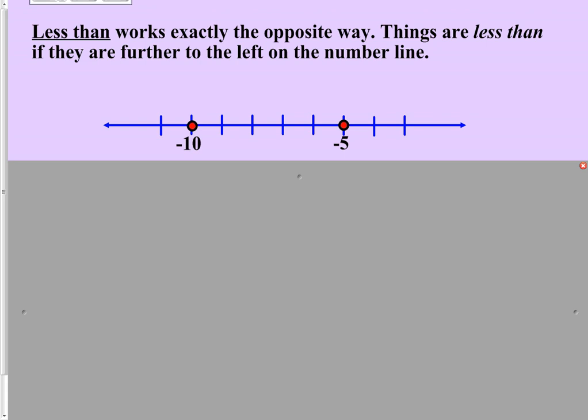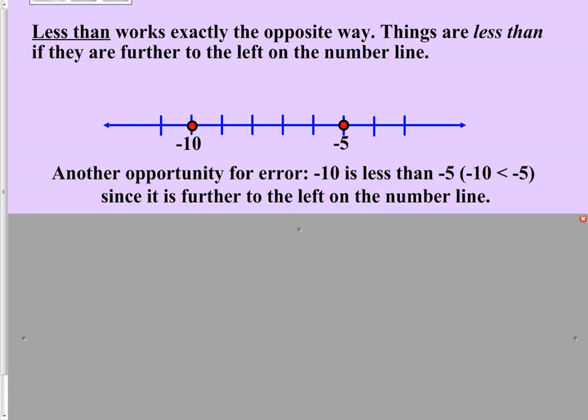If we ask which one is less, -10 or -5, we have another opportunity to mess this up. A lot of people will say that 5 is a smaller number than 10, so -5 is less than -10, when in fact it's exactly the opposite. -10 is less than -5 because it is further towards the negative values, further down the left.